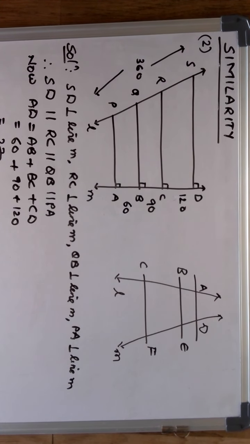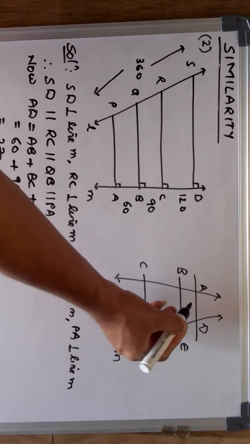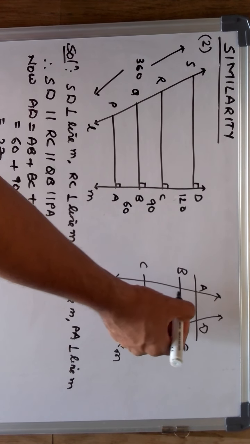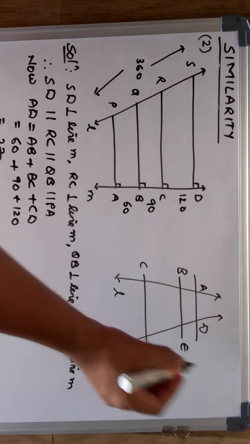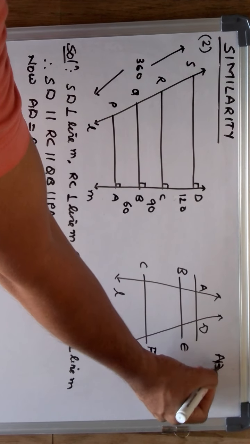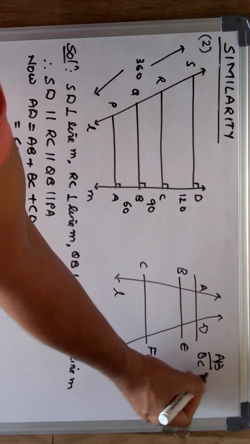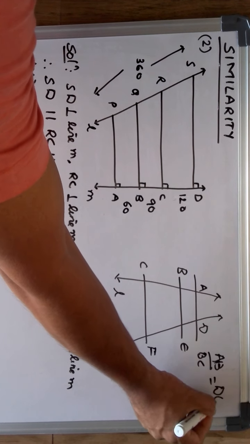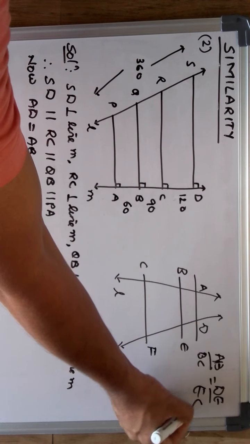That means this is your intercept, it is already explained to you what an intercept is. So AB and this is BC. That means from this you get the ratio AB is to BC is equal to DE is to EF.